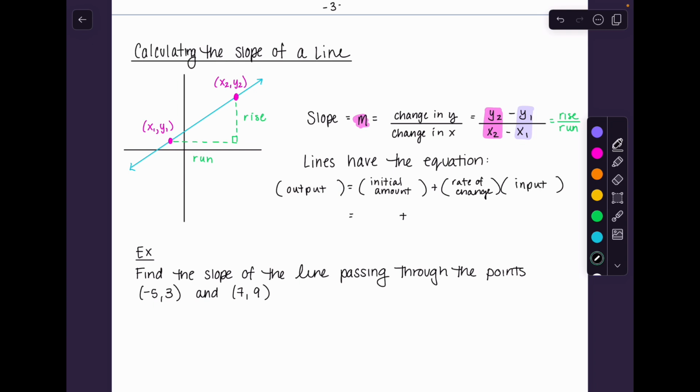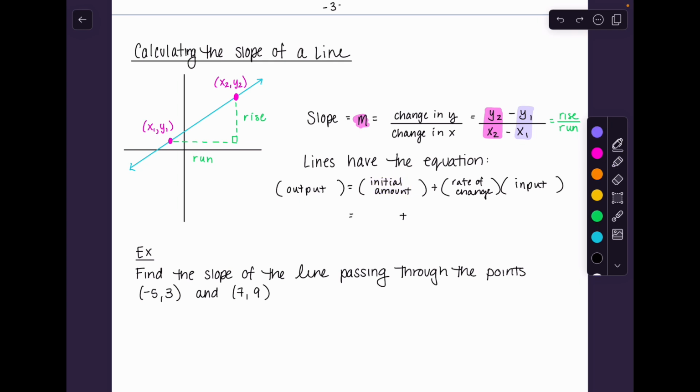Okay. So in terms of the banking, it was the amount we invested plus the rate we were increasing by each time, multiplied by the number of months. It's just a more general formula here.